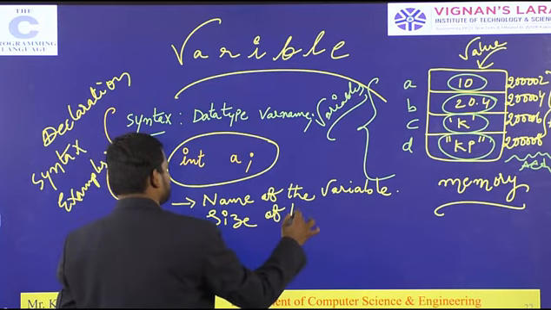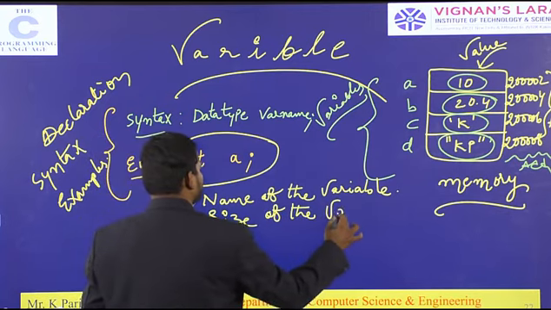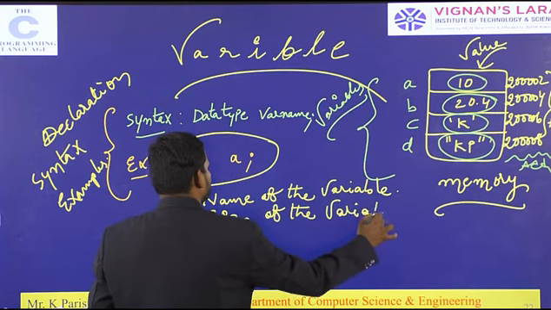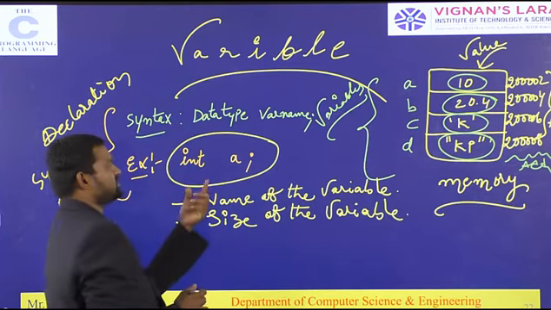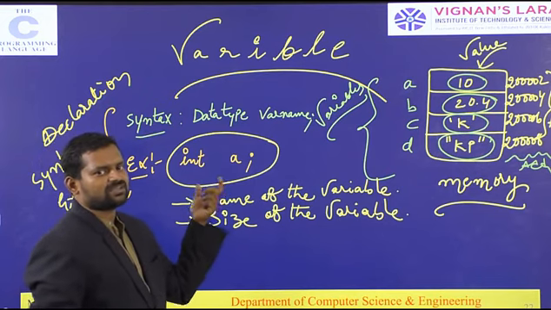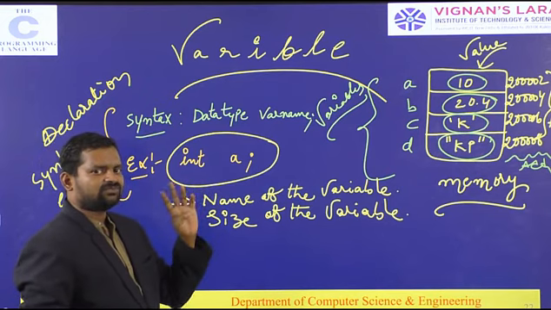Name of the variable, size of the variable. How much memory does A occupy? 4 bytes.